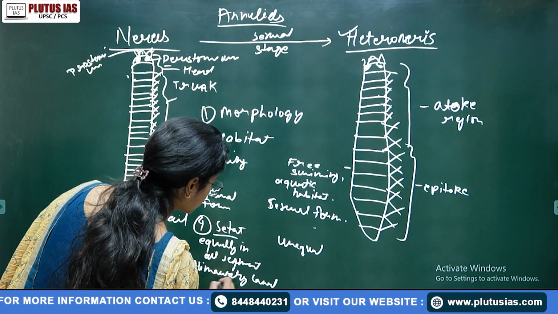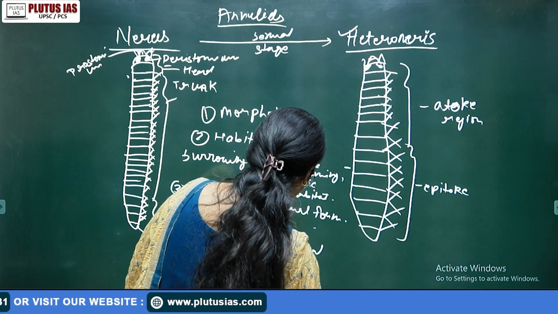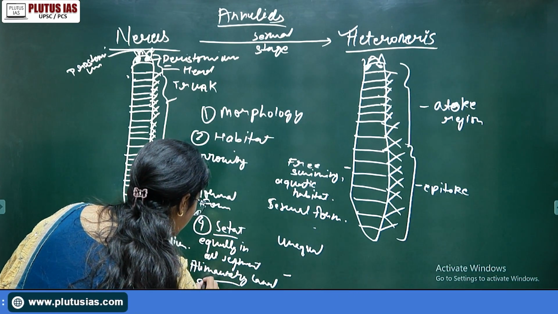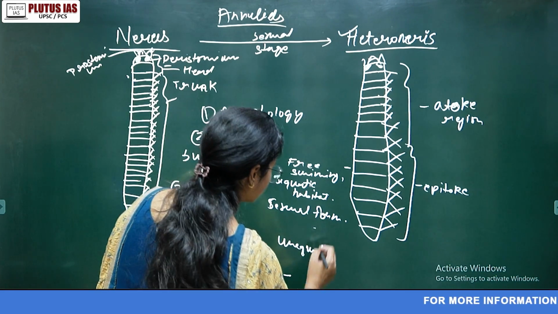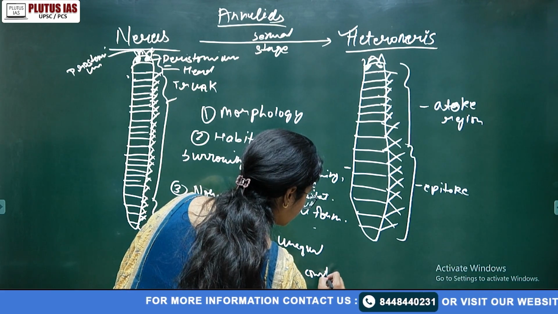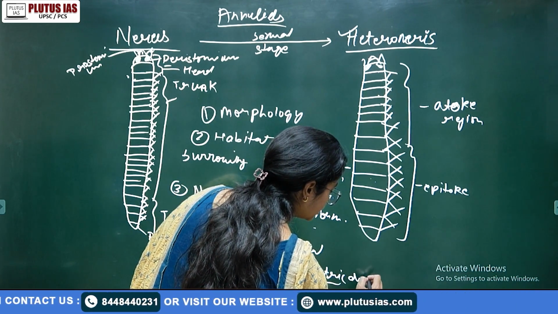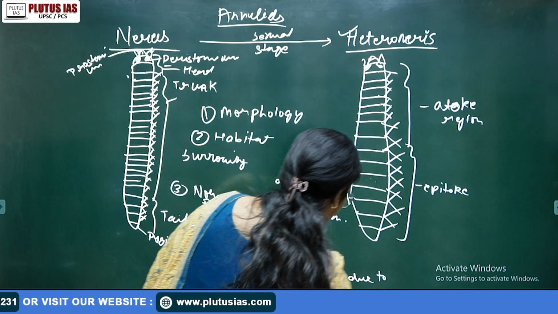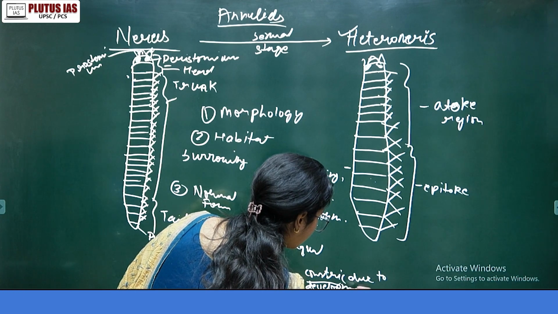In Nereis it is simple, while in Heteronereis it becomes constricted due to the development of gonads.